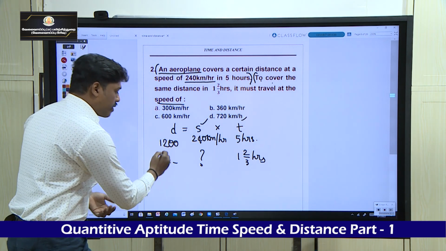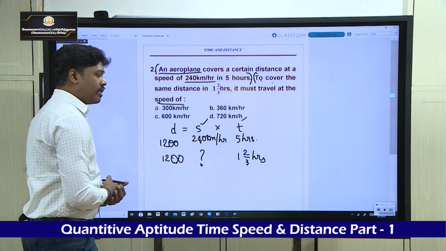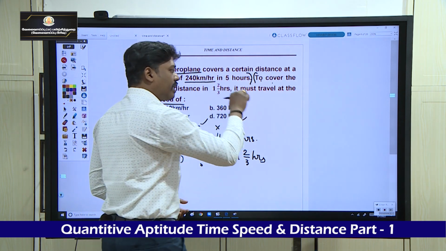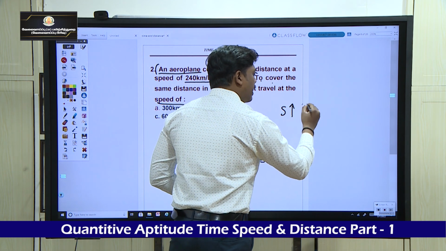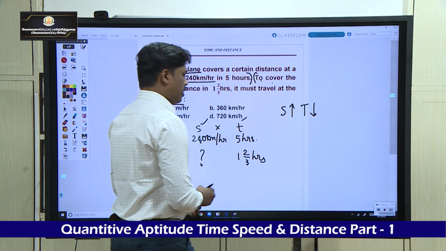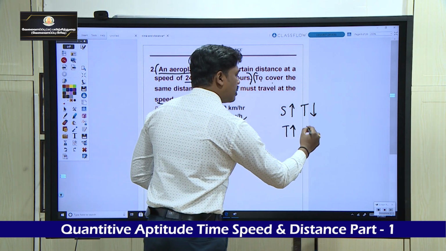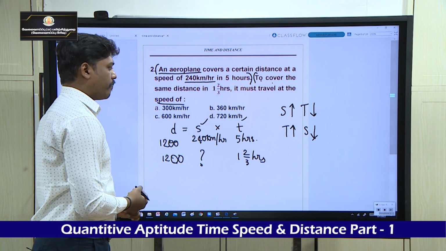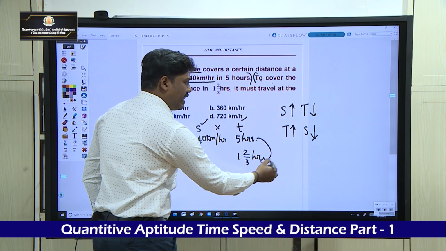So now to cover the same distance in 1 2 by 3 hours. What I said previously, if speed increases, time taken decreases. Okay. Or if time increases, speed decreases. So what happens here? Here the time is decreasing.